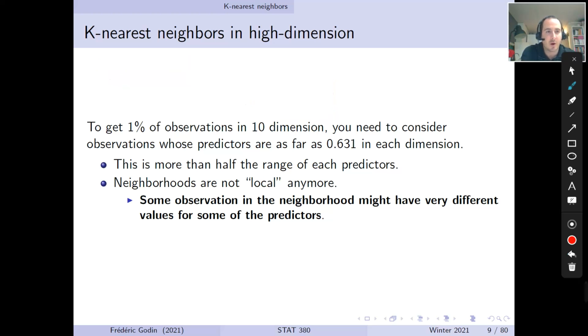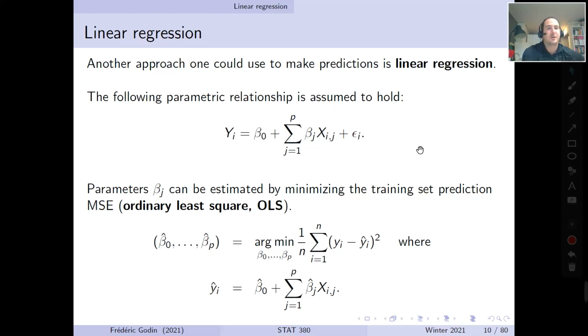Okay, so are there alternatives to k-nearest neighbors? Well, the answer is yes. The first alternative that we could consider is the very well-known linear regression. For this course, I expect most of you to already have a linear regression background and to have followed the course about this.